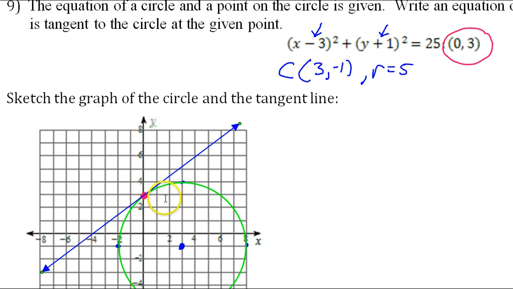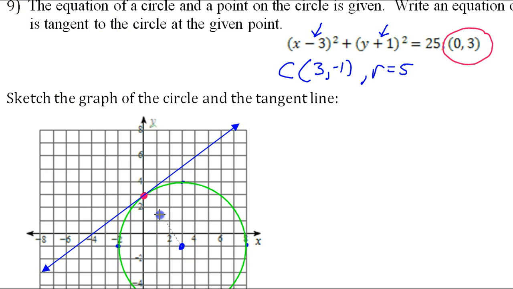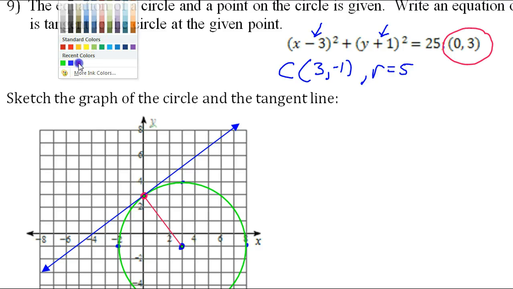Alright, now, again, to find the equation of this line, I need the slope of this line. I can't find it directly, but what I can do is find the slope of the radius. So here's the radius going from here to here. So if I could find the slope of this line, from the center out to the point of tangency, that's going to be my radius.